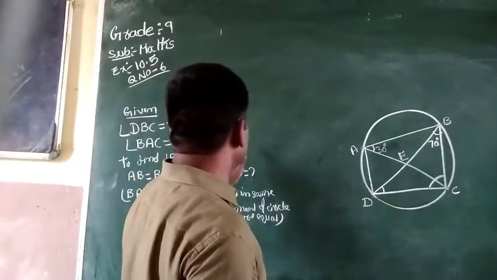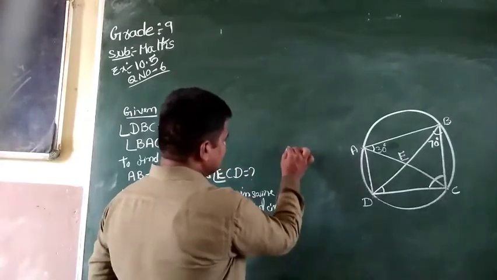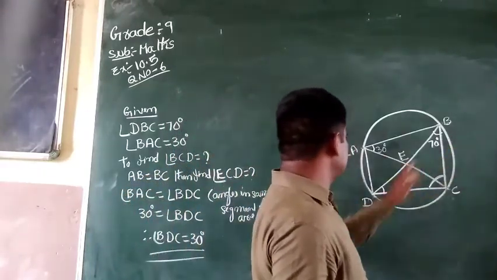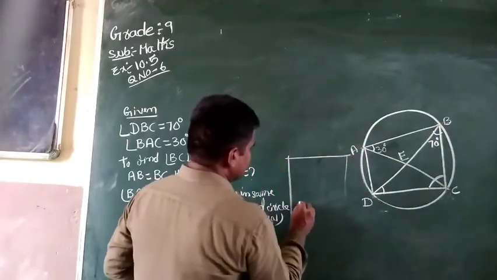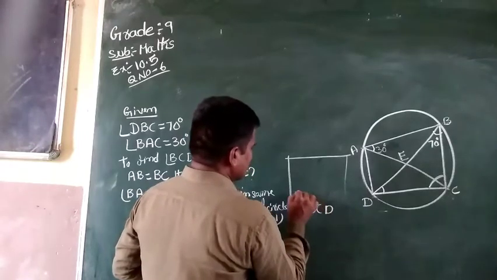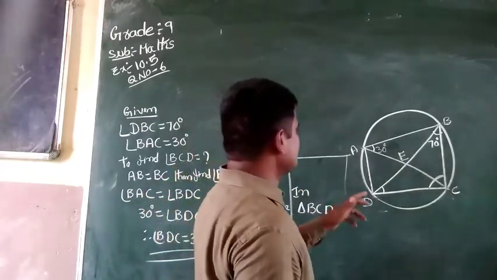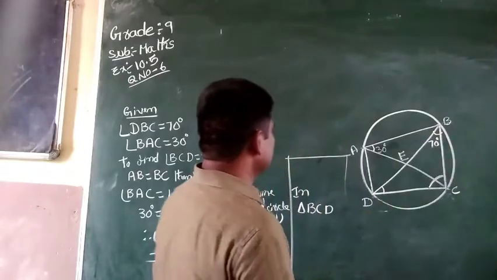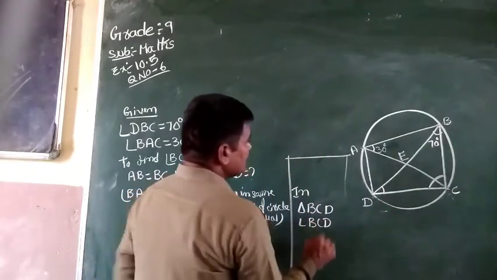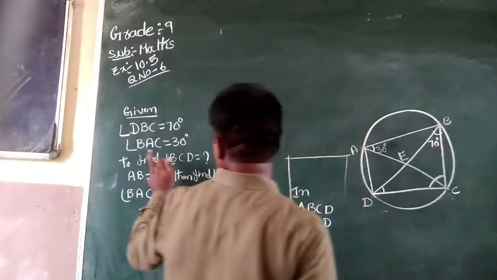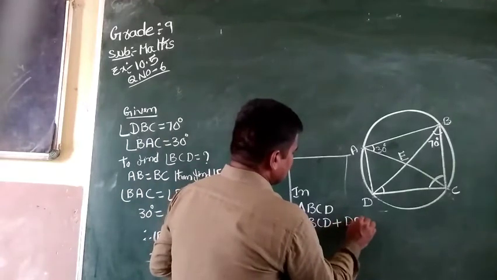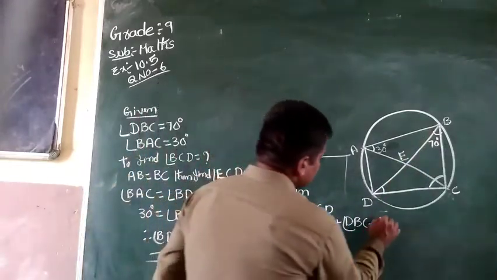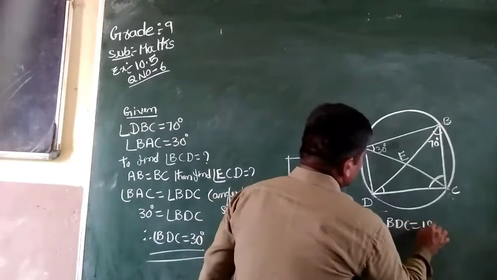So how to find the angle BCD? In triangle BCD, angle BCD plus angle DBC plus angle BDC equal to 180 degrees.